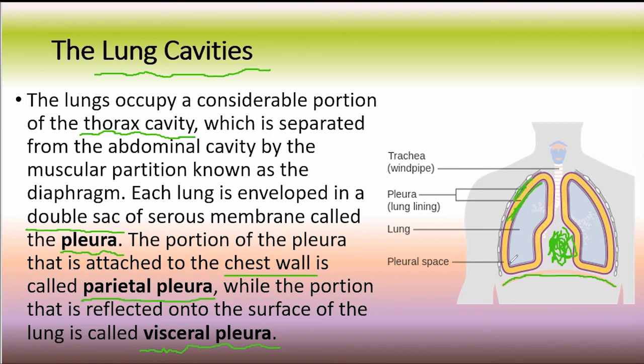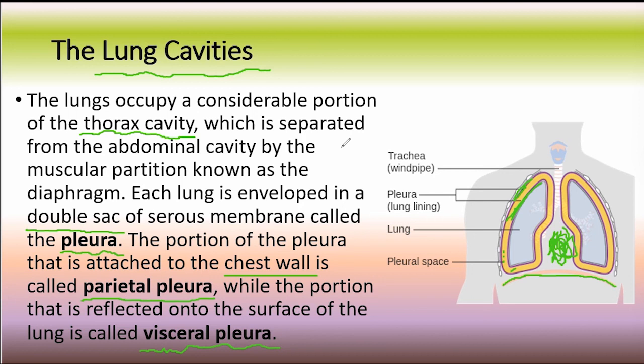Between these two layers, basically it's not a big space, just a tiny space, with a little bit of fluid performing a moistening function. So that's what we call the pleural cavity. Basically, in the chest area, we have the pleura covering the lung.